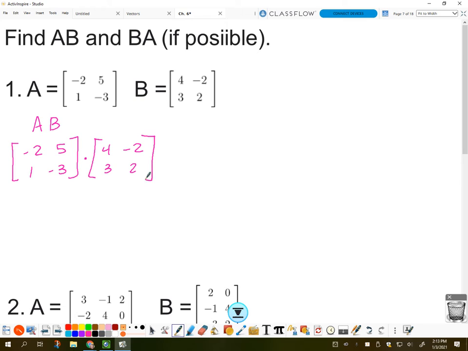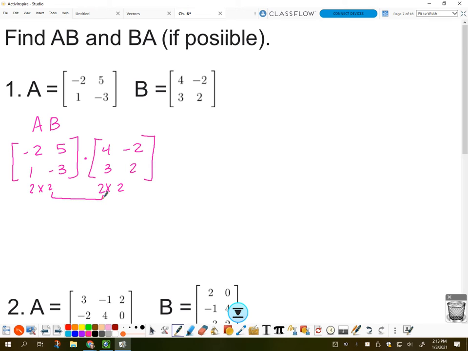I'm going to do my best to color code as I go, and hopefully that helps. To get the first entry in our answer, well, first of all, let me back up, because what you should always do before you multiply is look. This is a 2 by 2, and this is a 2 by 2.